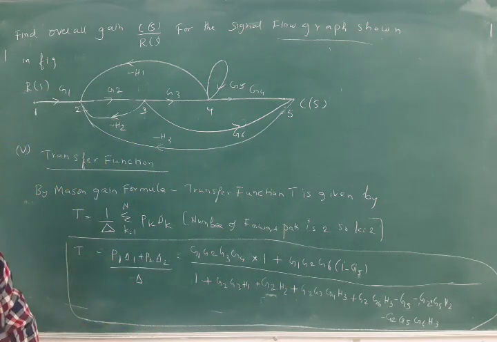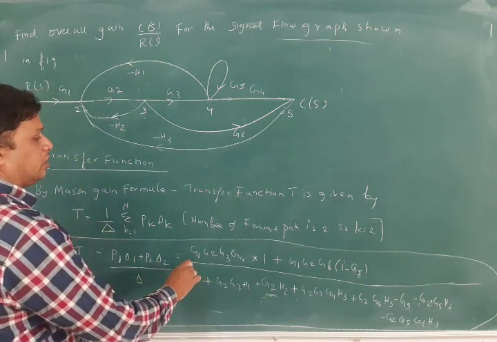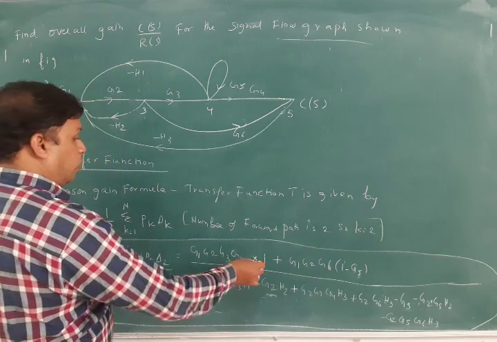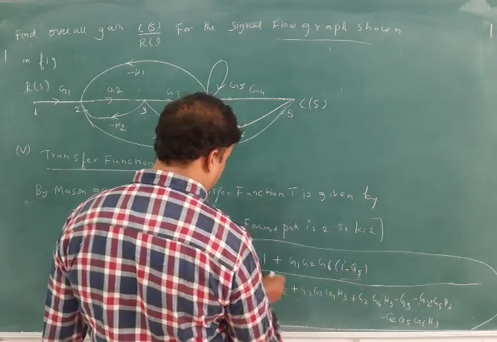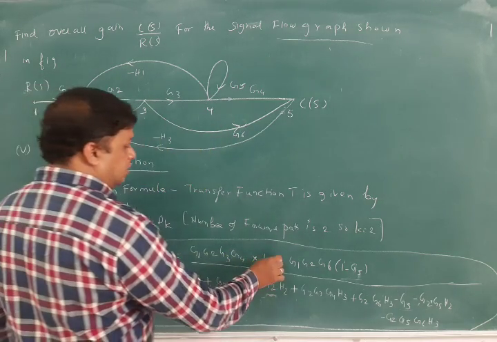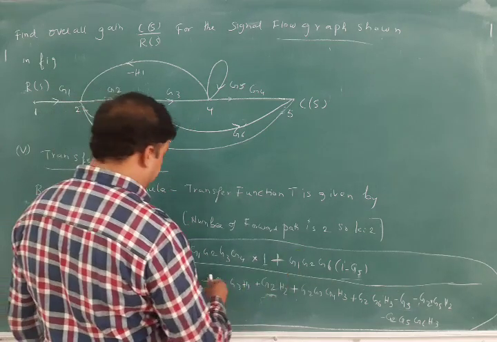P1 and P2 we already know. From these we can now write the complete transfer function: G1, G2, G3, G4 into 1 plus G1, G2, G6 into 1 minus G5, that is delta 2, plus P2 delta 2 because we are summing here, all divided by delta.